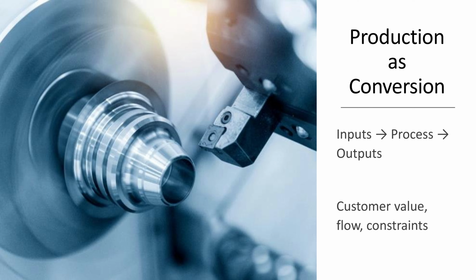2. How we flow work: batch size, work-in-process limits, changeover routines, maintenance, and quality checkpoints. 3. Which constraints control throughput: bottleneck machines, supplier lead times, skills, or layout.